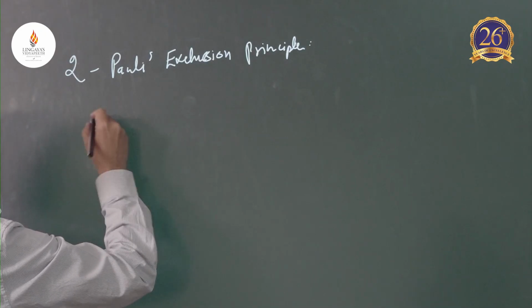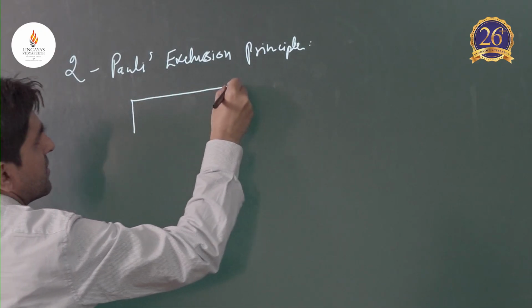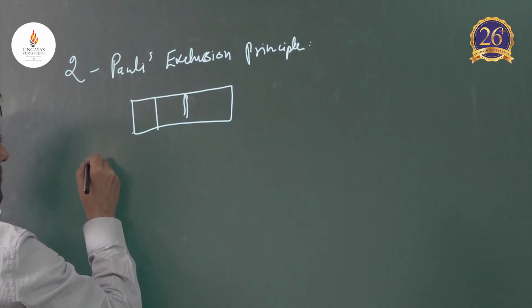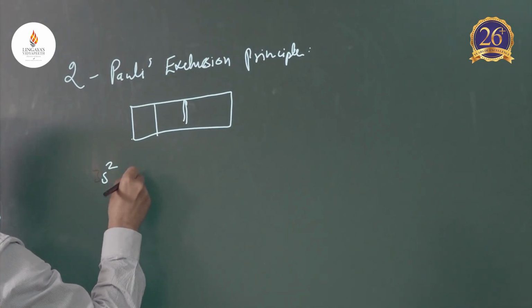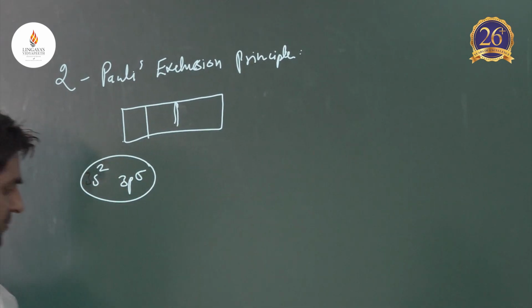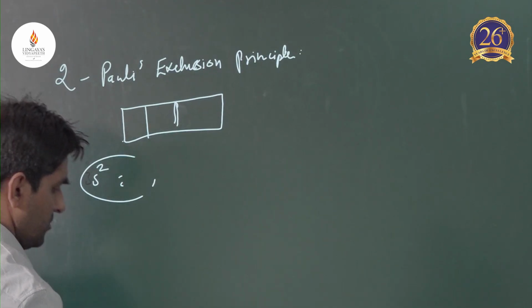Now suppose we have an electronic configuration of 3s2 3p5. The valence shell electronic configuration is 3s2 3p5.